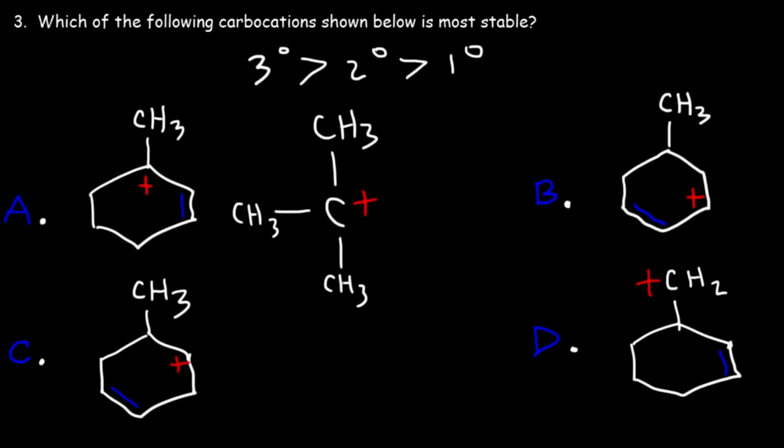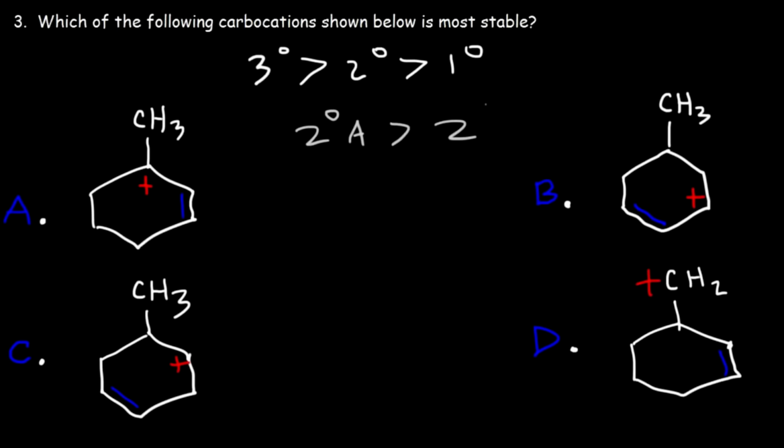Now, what about allylic carbocations? A secondary allylic carbocation is more stable than a regular secondary carbocation. An allylic carbocation is one that has a plus charge 1 carbon away from the double bond.